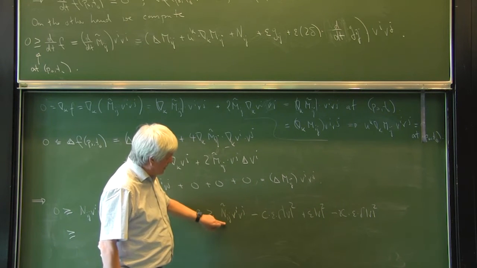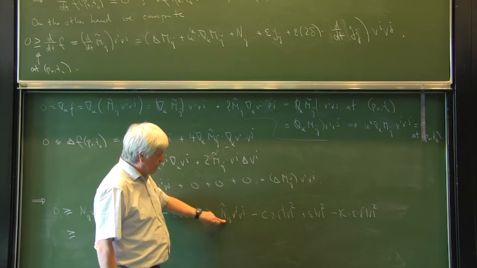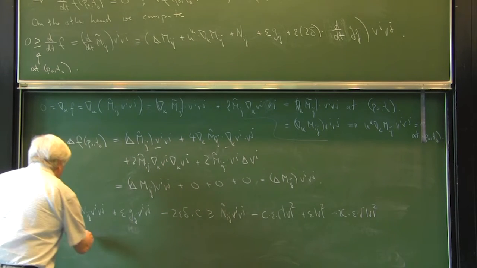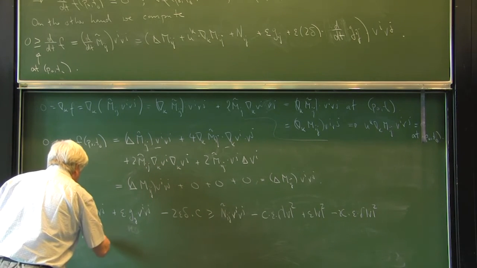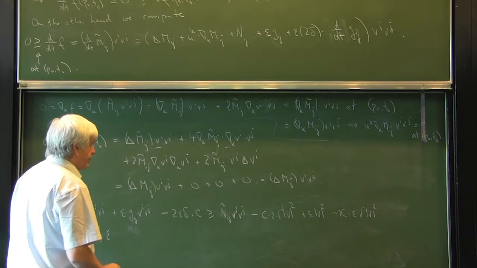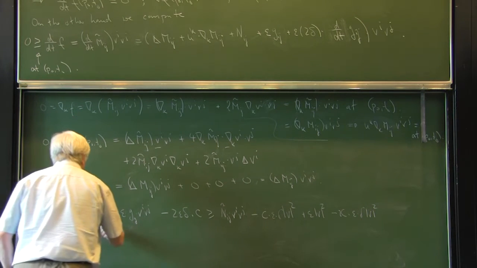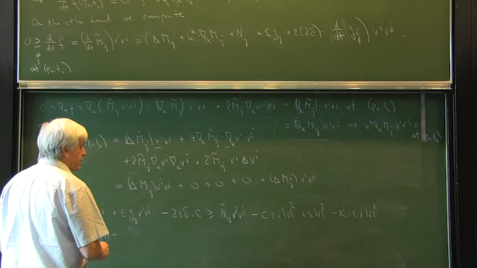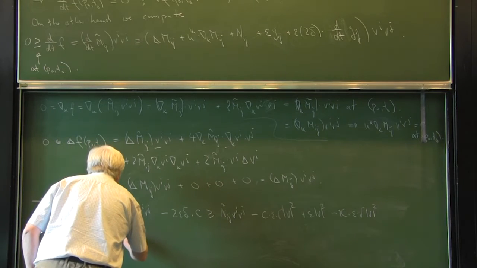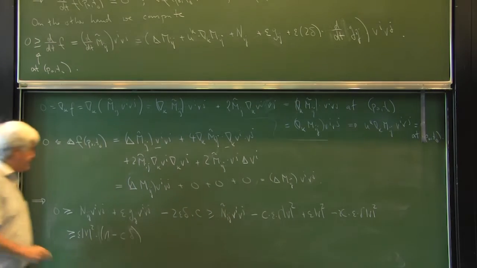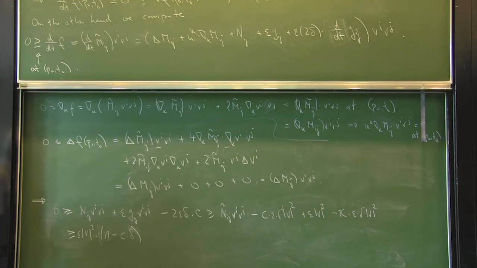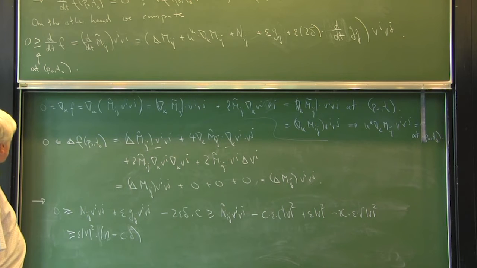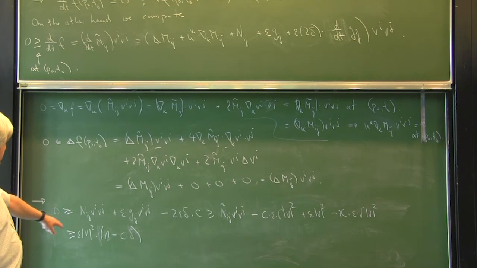We can estimate by our assumption this from below by 0, and we are left with v squared multiplied times epsilon times 1 minus a constant times delta. And this gives us 0 is this, right.